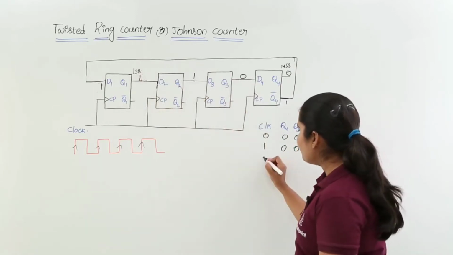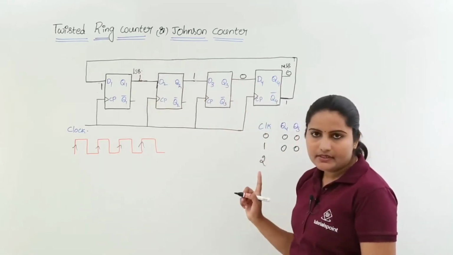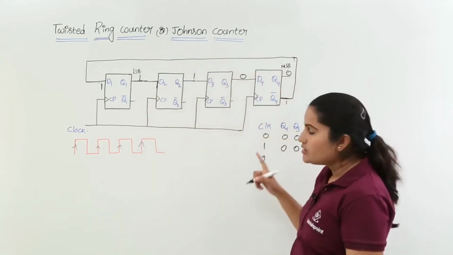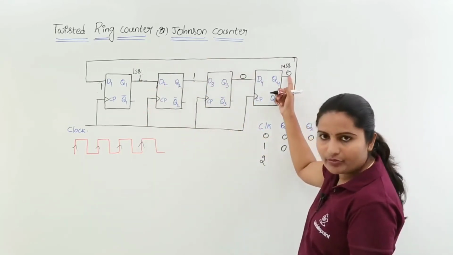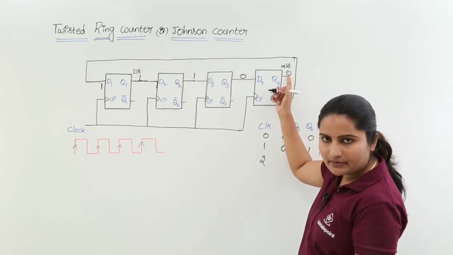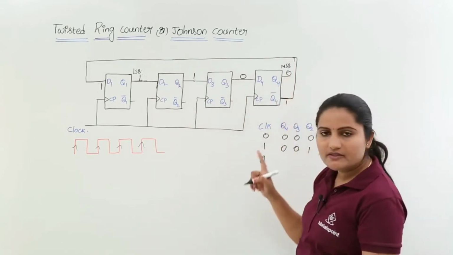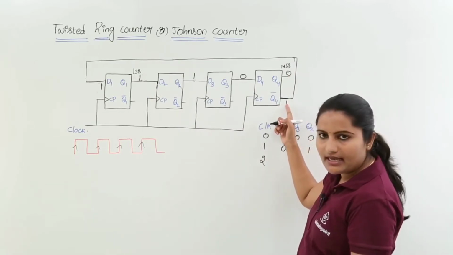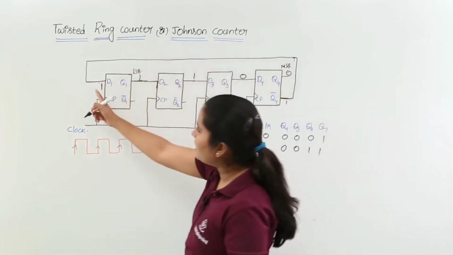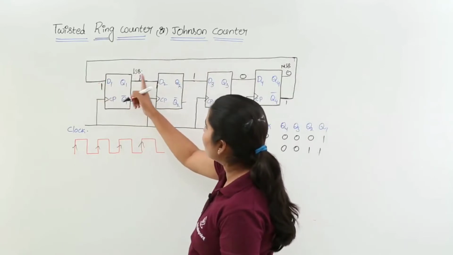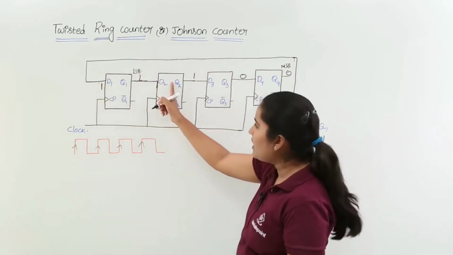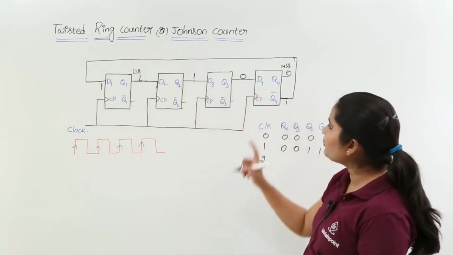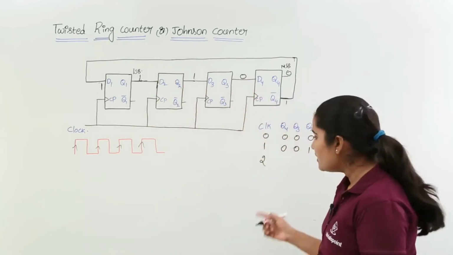Before giving the second clock pulse, you need to get ready with inputs once again. As the output Q4 is 0 after the first clock pulse, at the second clock pulse you have 1 here. This 1 reflects here, this 1 reflects here, and this 1 and this 0 are the inputs of the next flip flops.